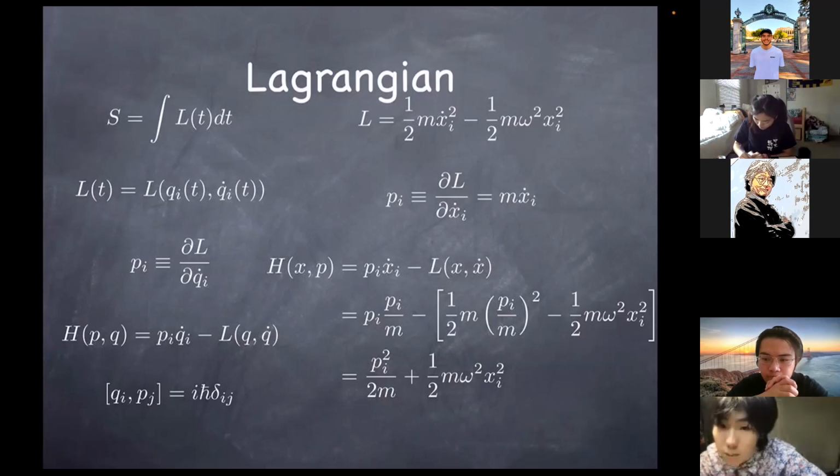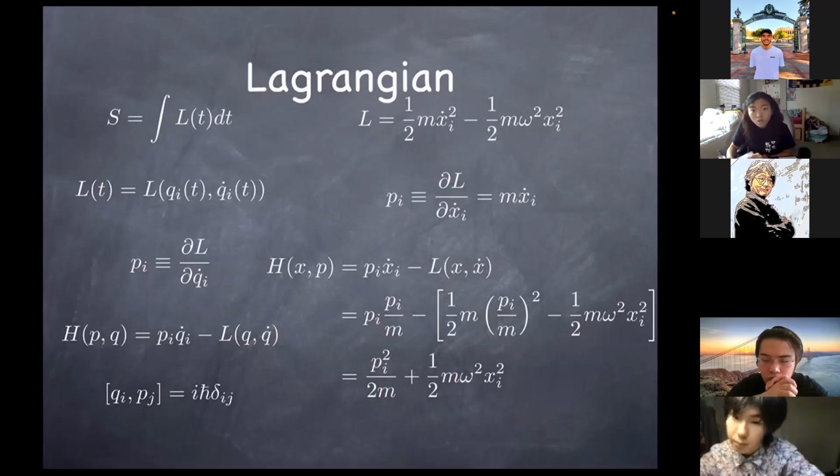So what you are supposed to do is first write p x dot minus L, because that's the definition, but then you try to rewrite x dot using p. So you eliminate x dot completely from the expression for the Hamiltonian.